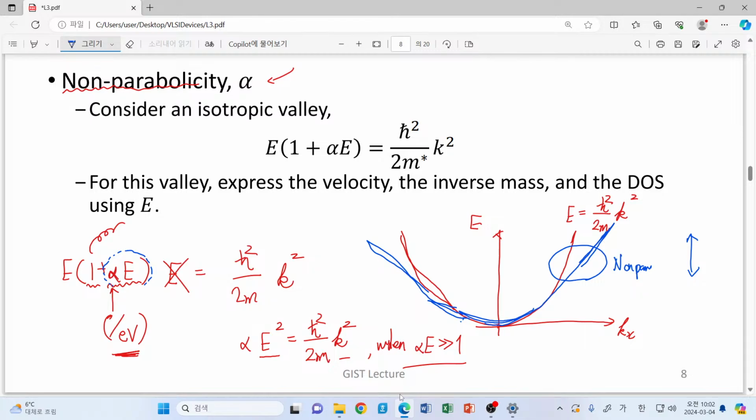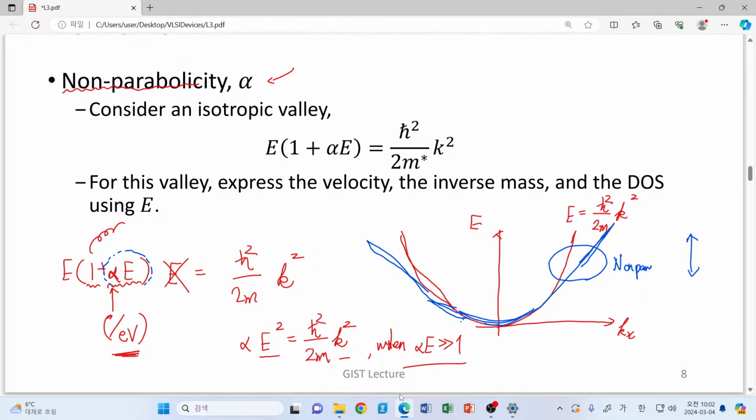Is this important or not? To some people, it's not that important if they are working on the very first order calculation.